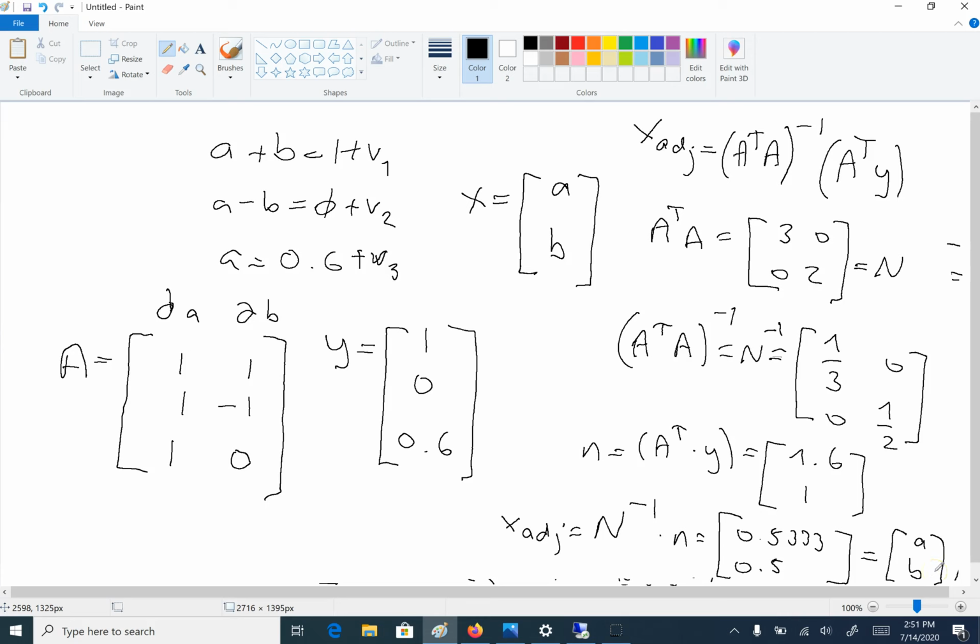So how do we calculate the residuals? The residuals are calculated as A times X adjusted minus Y. And that's going to give us residuals of 0.0333, 0.0333, and minus 0.0667.